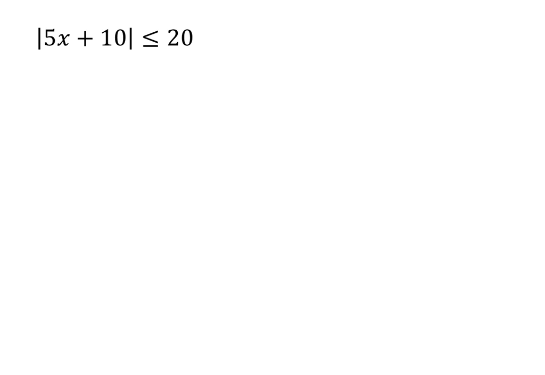Of course, if you have the absolute value, saying that 5x plus 10 must be within 20, and this is less than or equal to 20. So if I want to drop an absolute value symbol here with less than or equal to, we're going to create two separate inequalities that are joined by AND.